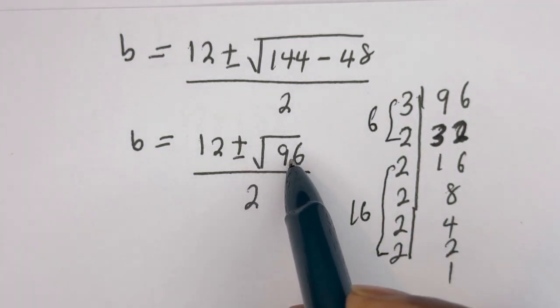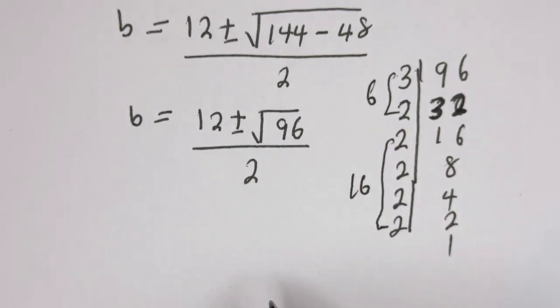Therefore, this 96 can be written as 16 multiplied by 6.